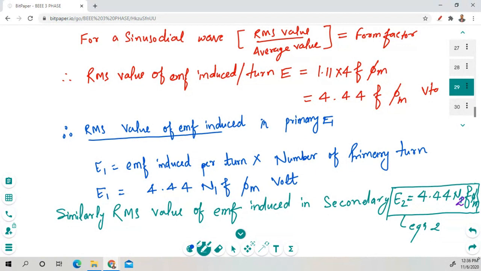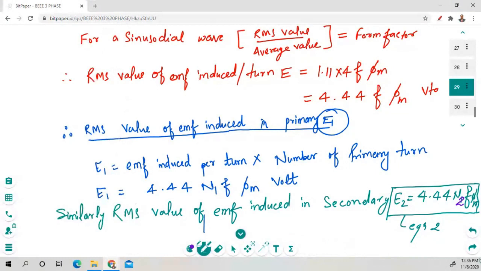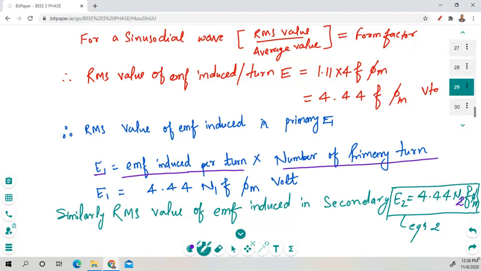Okay, so the RMS value of EMF induced in the primary. On the primary side, we use this EMF as E1. So how to calculate this? You know the formula: EMF is equal to the EMF induced per turn multiplied by the number of primary turns. We have calculated the EMF value as 4.44 F phi m, and we multiply it by the number of turns N1.